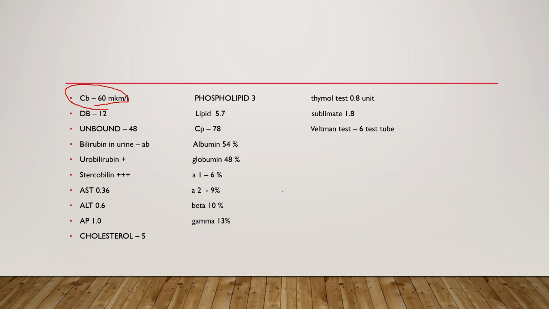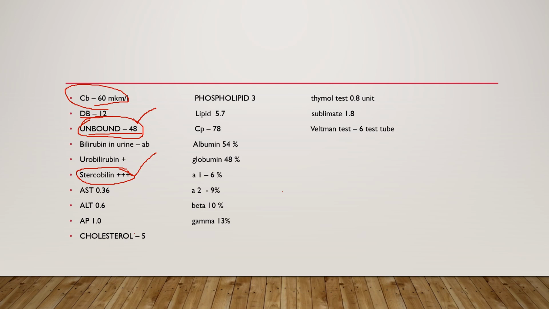We compare: the direct bilirubin is 12, but the unbound bilirubin is 48, so we can see highly elevated unbound bilirubin. Now we will also check for the presence of stercobilin. We see the presence of stercobilin, and if stercobilin is present with markedly high unbound bilirubin, then we can say hemolytic jaundice, because as we can see, all other values are normal.